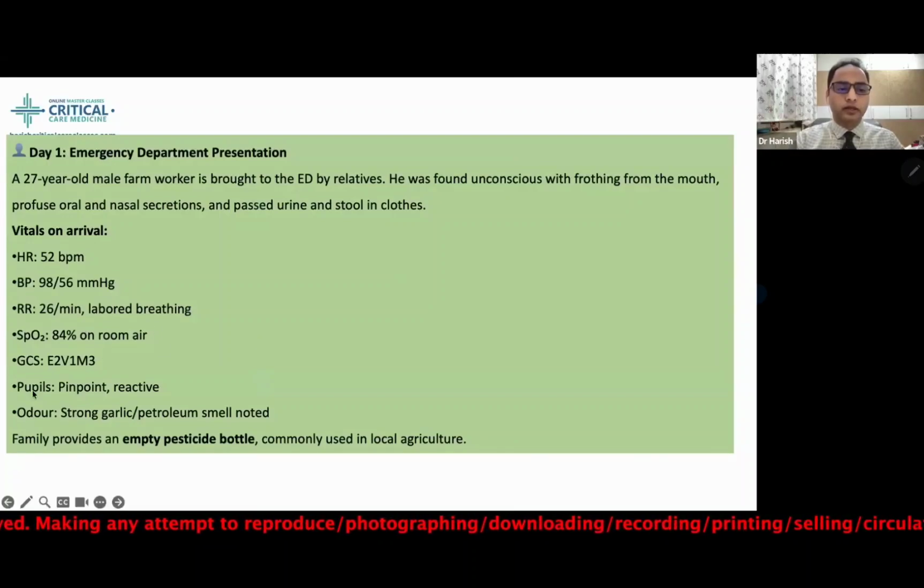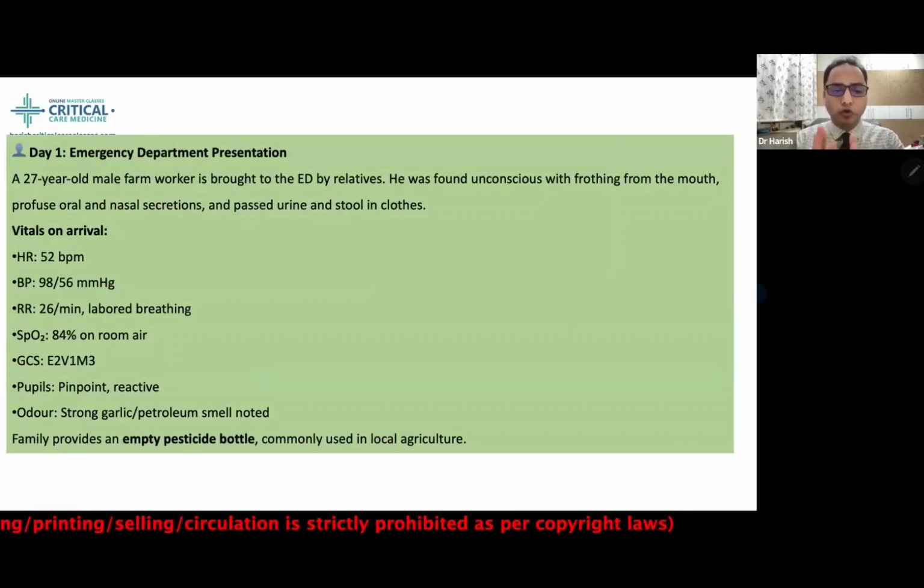GCS is E2V1M3. Pupils pinpoint, bilaterally reactive. Strong garlic or petroleum smell noted in terms of the odor. The family provides an empty pesticide bottle, commonly used in the local agriculture.